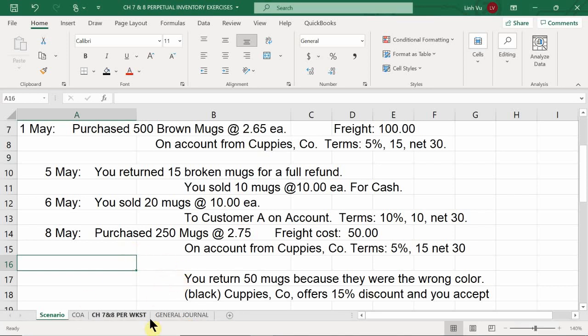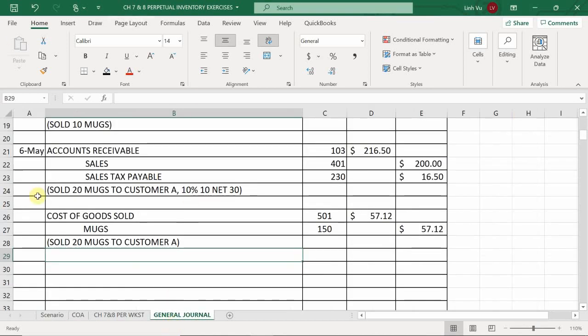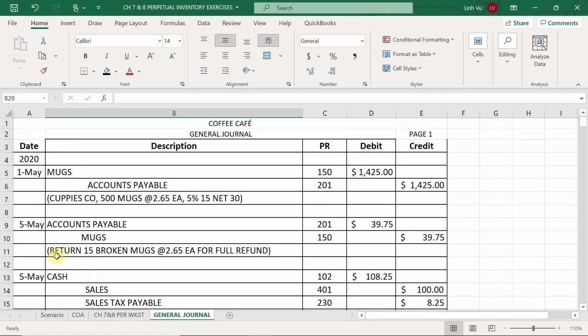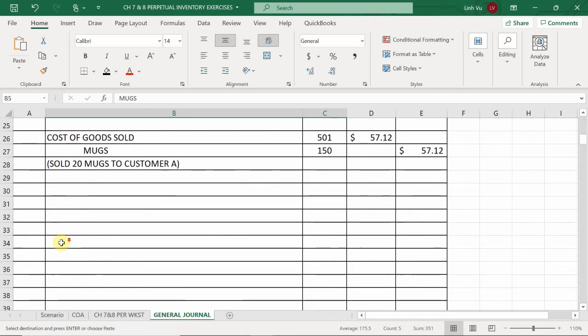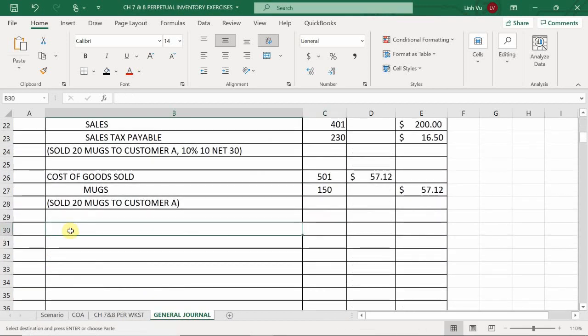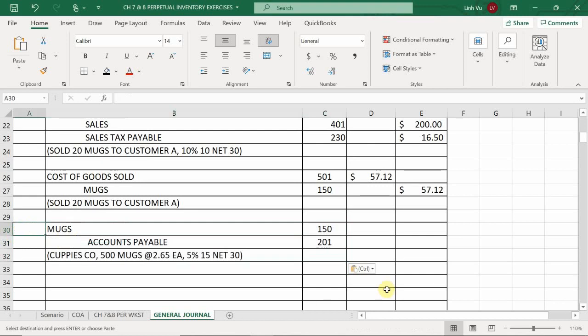So how are we going to journalize this? Inventory and accounts payable. Inventory, accounts payable, good. So in this case, exactly like from above here, we're going to place it right into my inventory, which is mugs. It is 5/8 now.